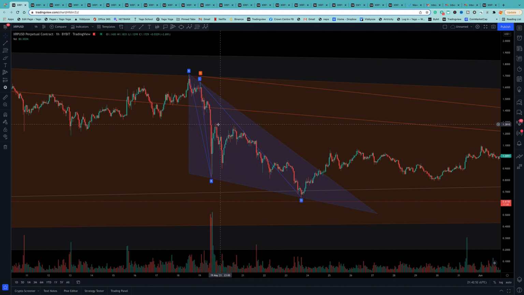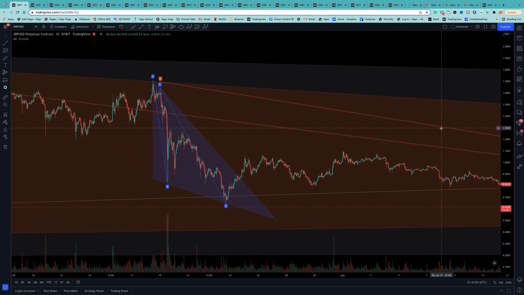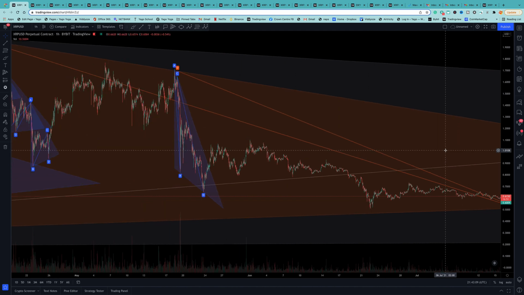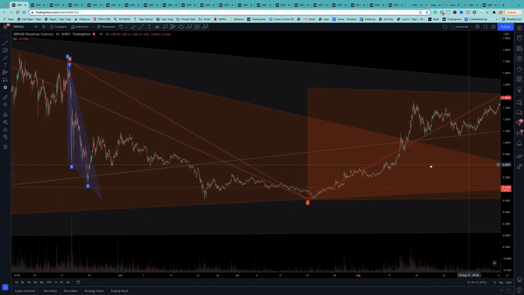I believe this is Mountain Peak. But the point I'm trying to make is, because it's descending, look how low it's going. So you've got that descending wedge, and it's quite possible we've got that descending going on at the moment.